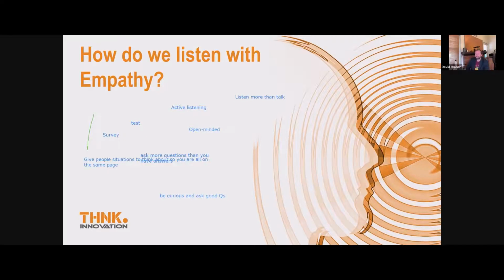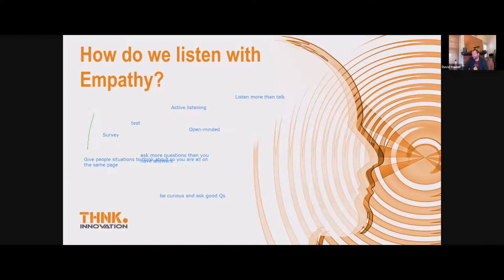We want to hear from people from their own point of view, which means that we're not trying to put our own thoughts into their minds. We do not ask questions that can be answered with yes or no. We are asking open-ended questions that put people into a situation where they can tell their story from their point of view, instead of just confirming or telling us that what we think is right or wrong.